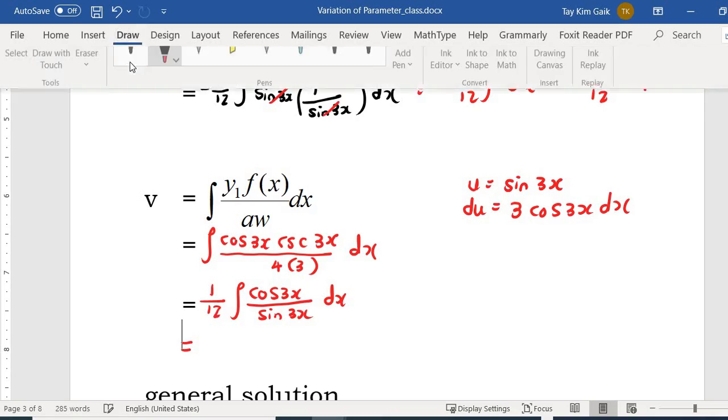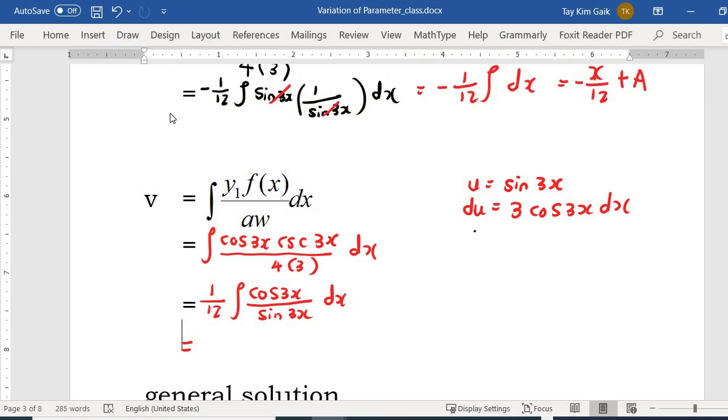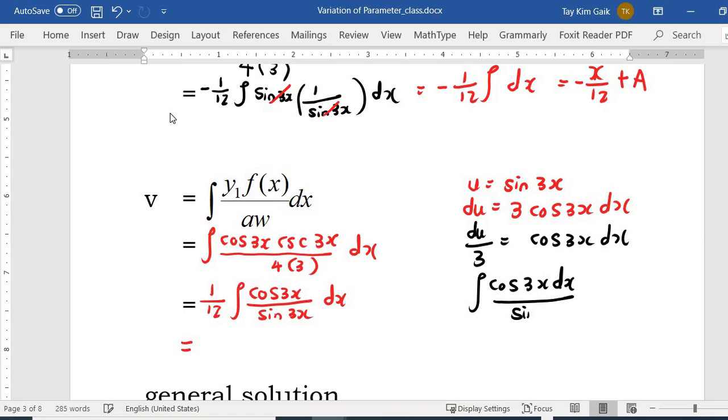You notice that in your numerator you have cos 3x dx, so cos 3x dx is replaced by du over 3. So your integral of cos 3x dx over sin 3x becomes, with sin 3x replaced by u and cos 3x dx replaced by 1/3 du.